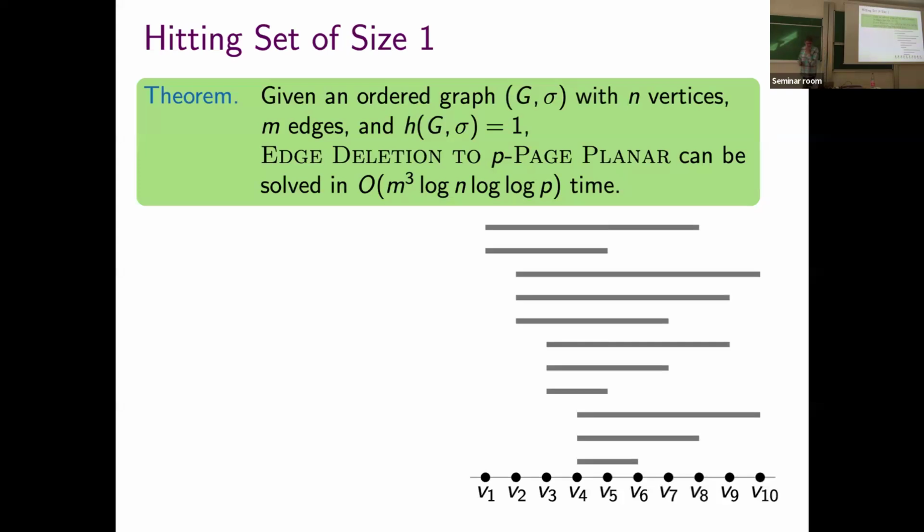Okay, so here are my intervals. Here's my hitting point. It hits all the intervals. And now, what is the kind of structure that helps us? If 2 intervals are contained in each other, this is good. We can put them on the same page.